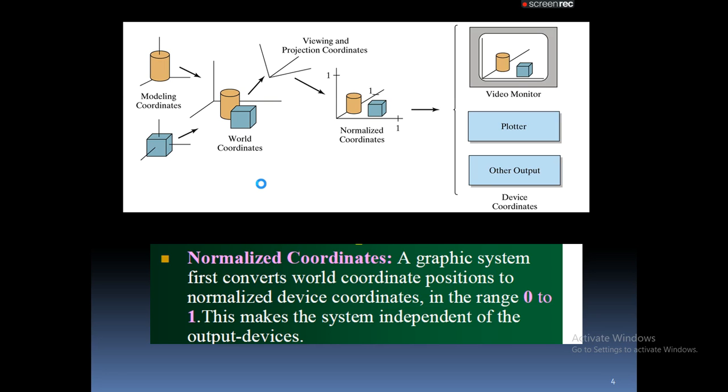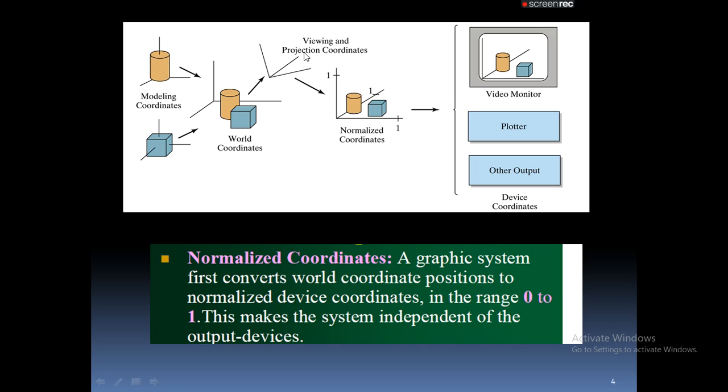Next, we discussed the two-dimensional viewing pipeline. As you can see in this diagram, we converted modeling coordinates to world coordinates. Next, we need to convert world coordinates to viewing coordinates and projection coordinates.